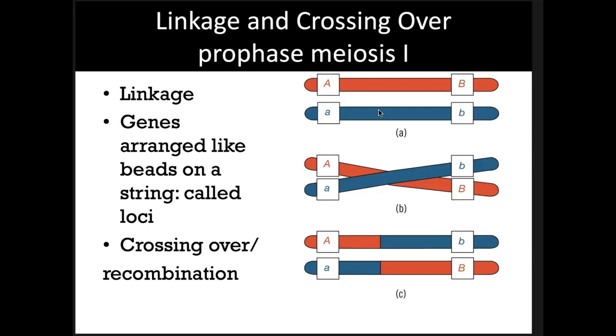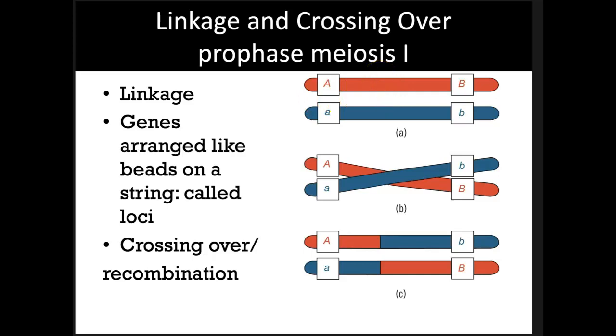You can prevent traits from becoming linked and constantly segregating together. This one's very complicated, but I'll give you an example you can relate to: freckles and red hair, right? You can unlink some of these traits from segregating together through recombination.